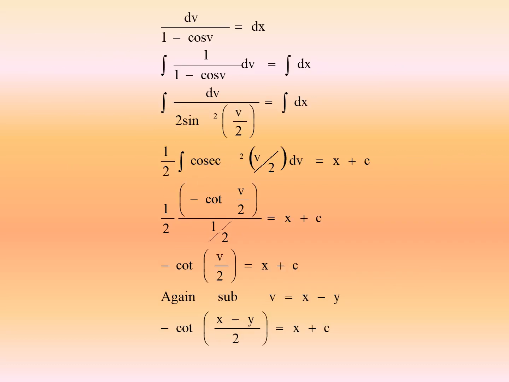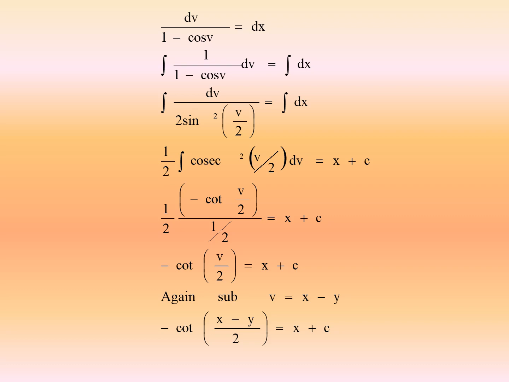In this slide, we are going to separate the variables. That means write v variables on one side and x variables on the other side. That is dv by (1 minus cos v) is equals to dx. Move on to the next line. What we did here means we are going to apply integral on both the sides.